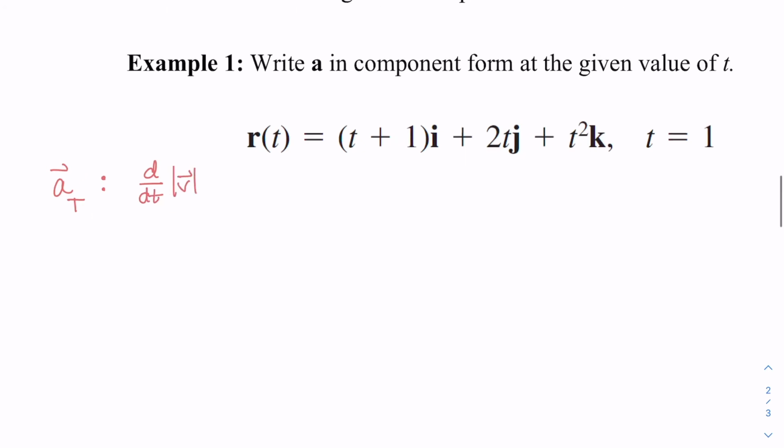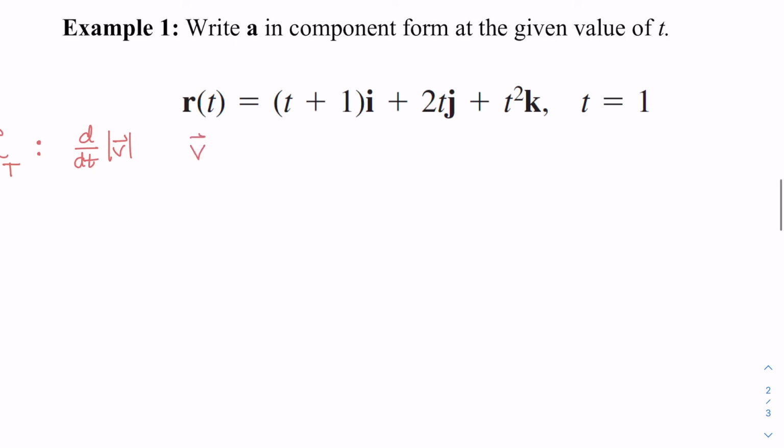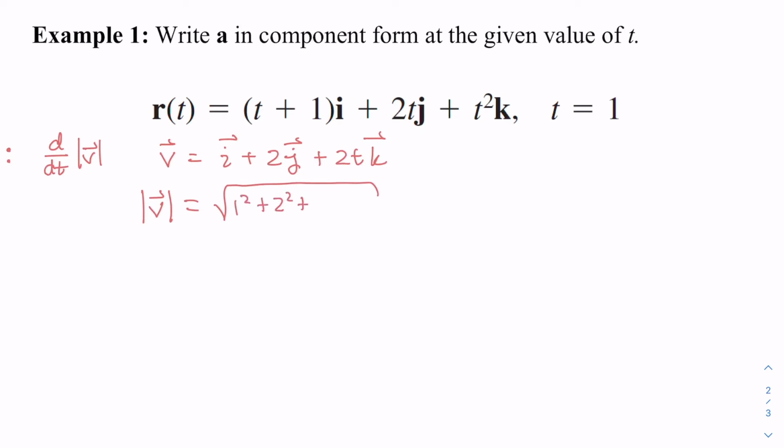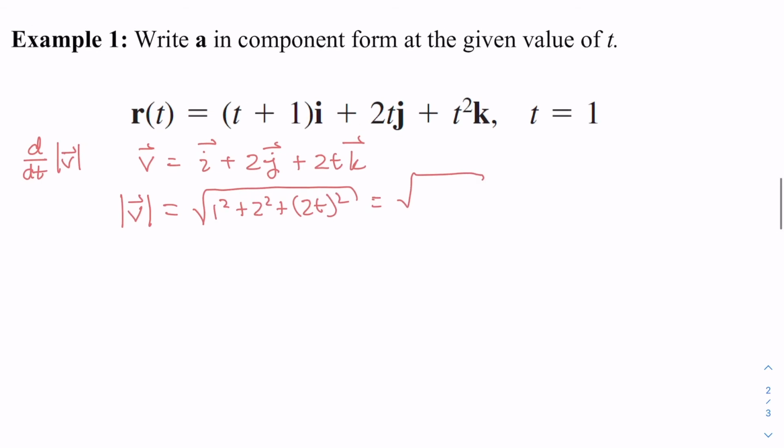So let's first find what that velocity function is. That's just going to be i plus 2j plus 2t k. And the magnitude of that will be the square root of 1 squared plus 2 squared plus (2t) squared, which will equal the square root of 5 plus 4t squared.